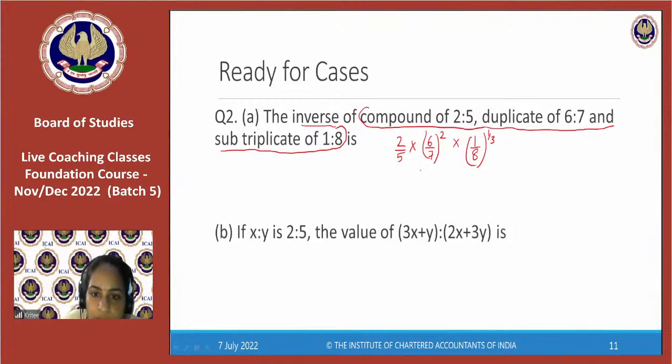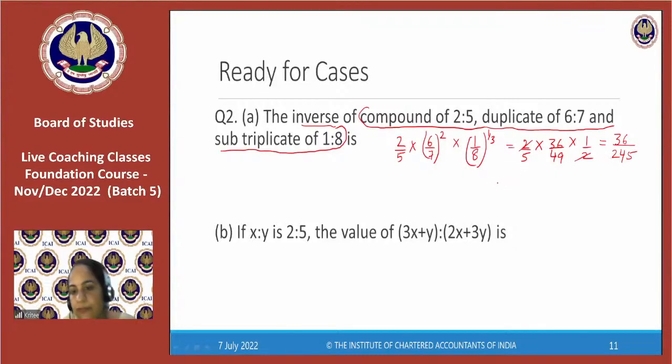So 2:5 is multiplied with 36:49, and the cube root of 1/8 is 1/2. Fine. So what I have got from here is 2 and 2 gets cancelled out. 36 is to 245.